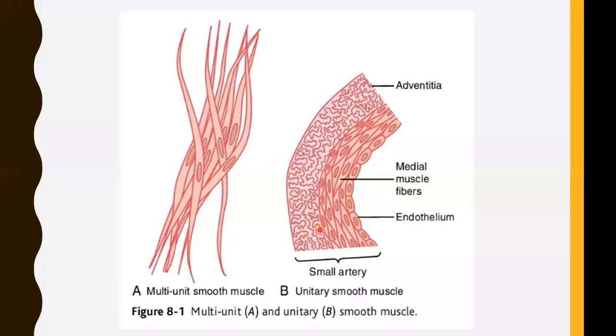You can also call it the syncytial smooth muscle fiber, because it is present in the form of sheets or bundles, and these muscle fibers are adherent to one another. A large number of gated channels are present, and those are the channels through which ions can move from one muscle fiber to the next.